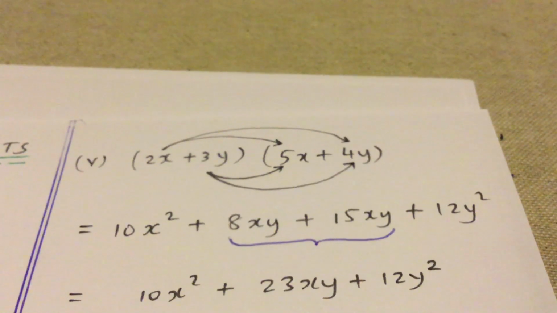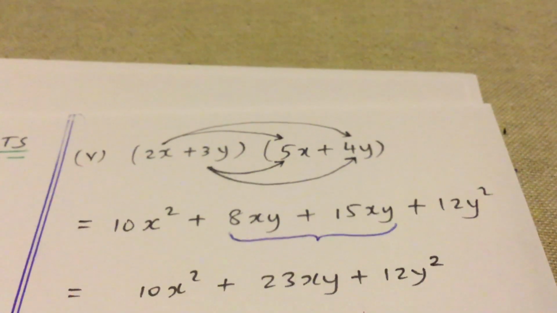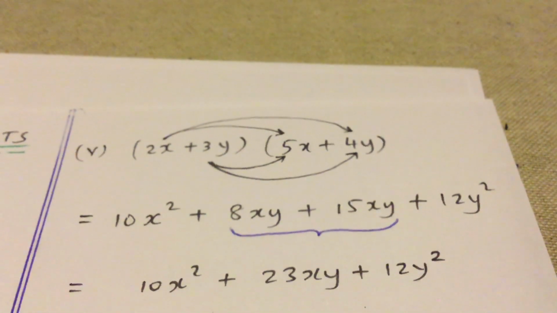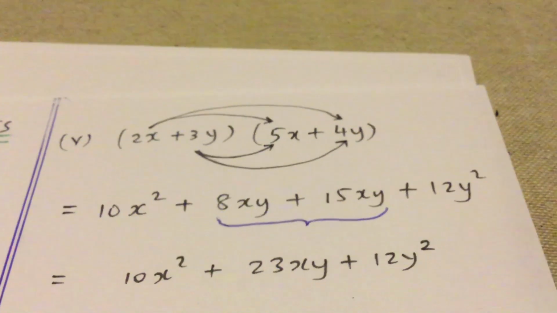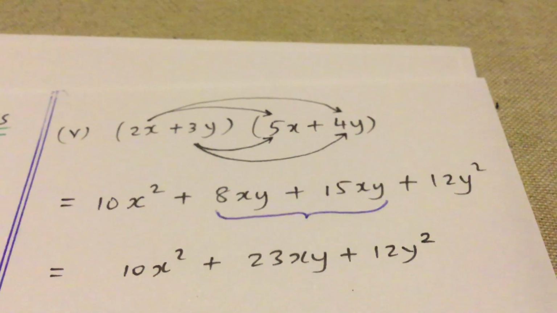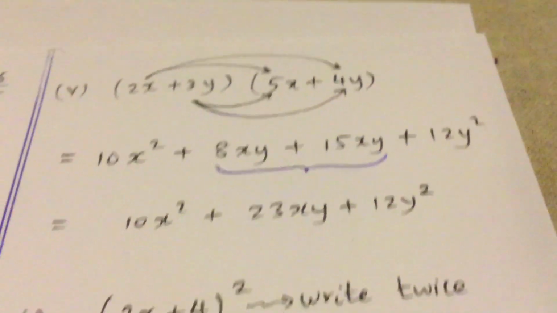Combining the like terms, which will be the middle two terms, 8xy plus 15xy is like $8 plus $15, that's $23. So the final answer will be 10x squared plus 23xy plus 12y squared.